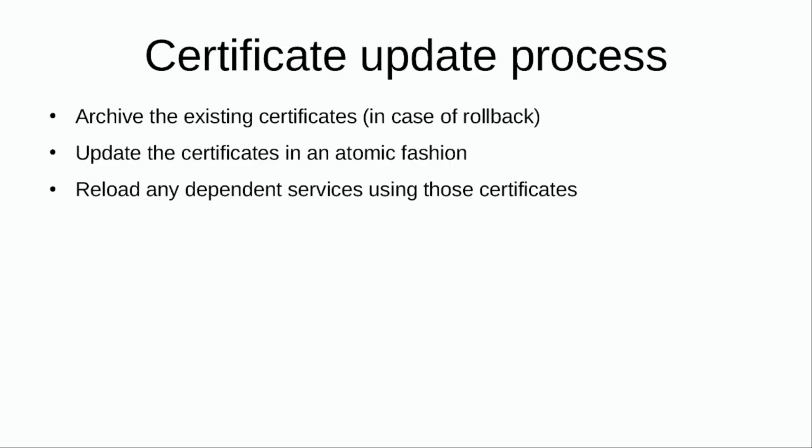That has actually saved my butt when Let's Encrypt changed the issuing certificate and my Android phone decided to hate me. Then we update the certificates in an atomic fashion, and then reload any underlying dependent services that use them. I've actually managed to hit all points, but not quite in the way that I wanted to. But I'm happy with my lifestyle choices.